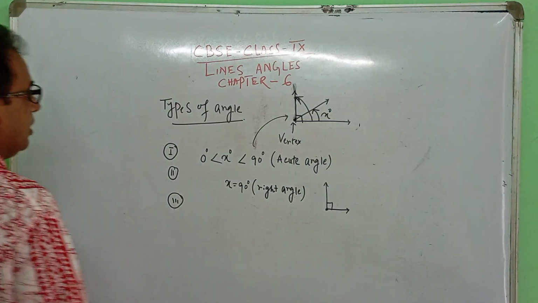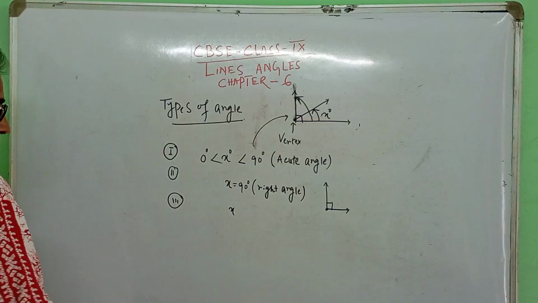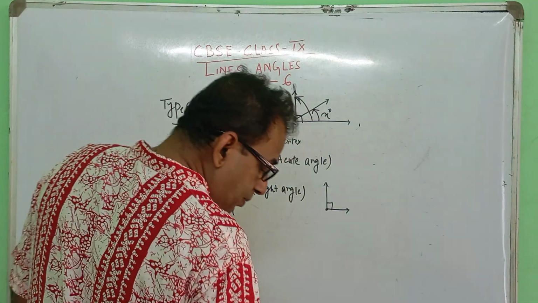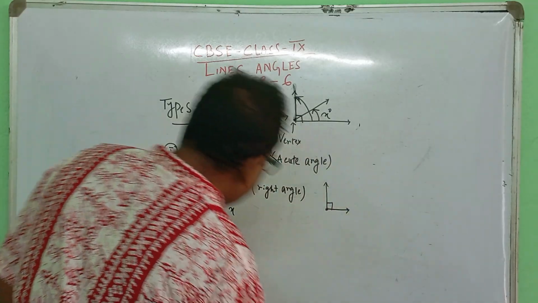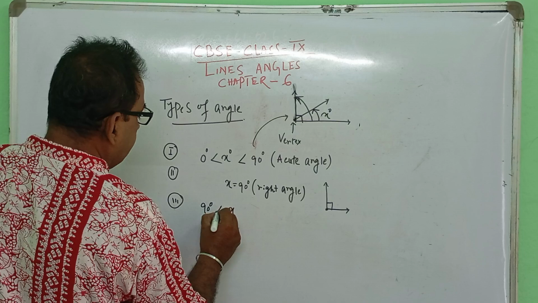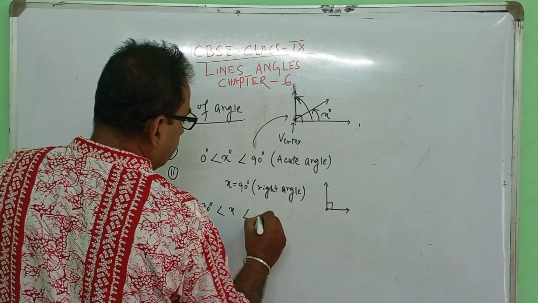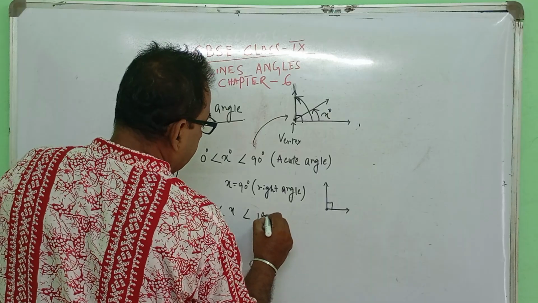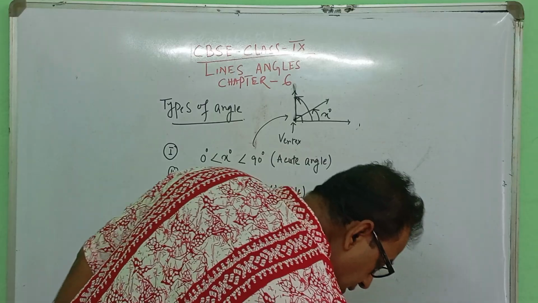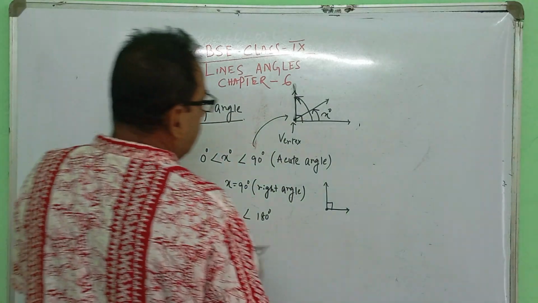Third one. x is greater than 90, that is 90 degree is less than x and it is less than 180 degree. Now what type of angle is this?